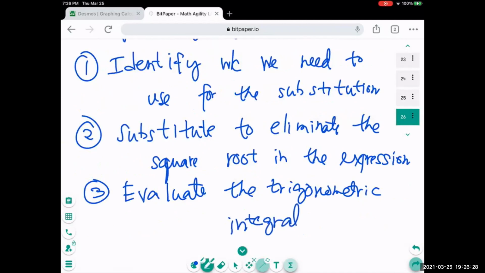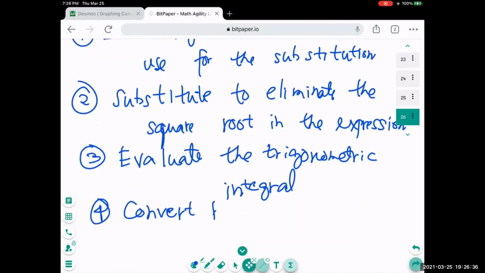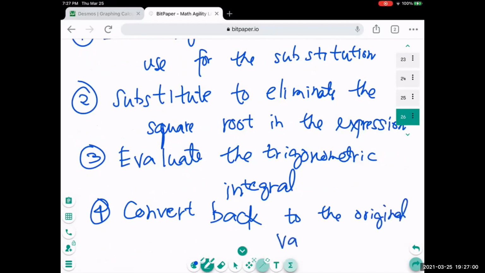And last part, number 4, is we converted back to our original variable, right? After we evaluate it, we do the integration, we use a lot of trigonometric identities relating some trigonometric functions to be able to simplify it. So that's step 3, and then we go to step 4, so we convert it back to the original variable. And that's it.